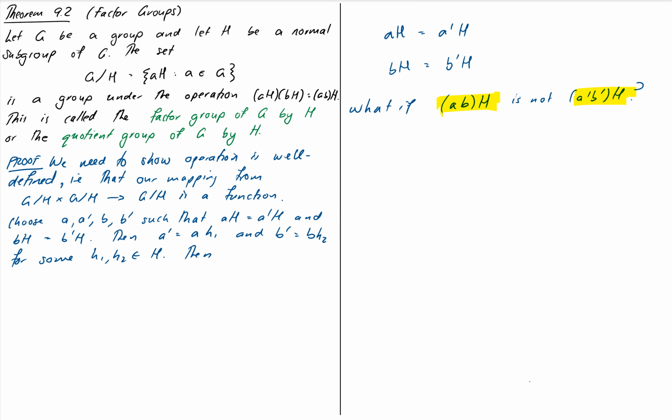So then A prime B prime H is equal to A H1 B H2 H. We know that H2 H is just H, so that equals A H1 B H. Now is where we have to use the fact that H is normal, which means that equals A H1 H B. Remember, if you've got a normal subgroup, left and right cosets are the same thing, so I can switch around BH and turn it into an HB.